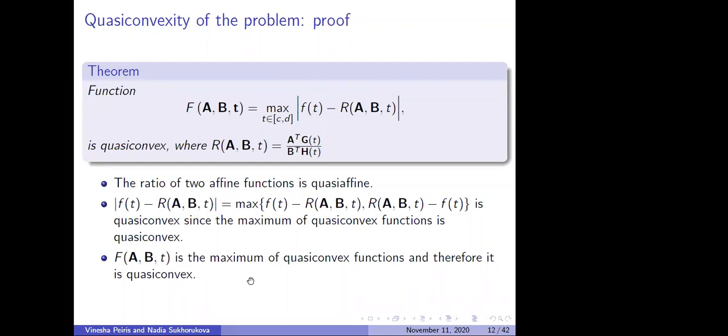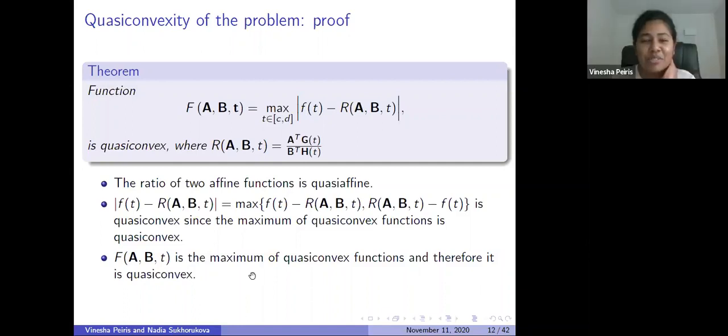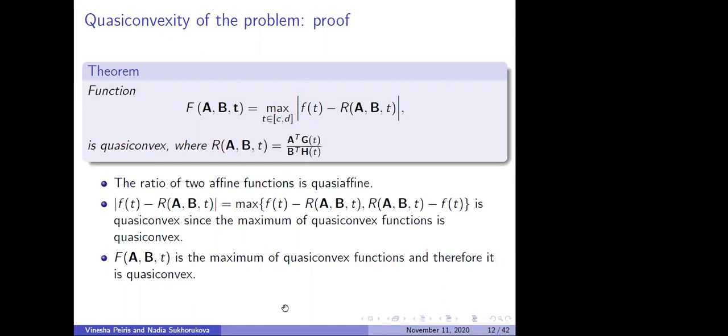So I'm not the only one confused. Maybe it's a good idea to remove t from F of A, B, t. There's just this value of t at which the maximum is attained, and it somehow made it to some other formulas. Let's just continue. I think we have cleared that. Go ahead, Vinesha.